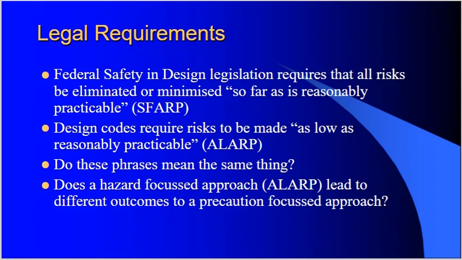In the design codes, they typically require risks to be made as low as reasonably practicable. So they focus on the risks. There's a question about whether these phrases mean the same thing. Does a hazard-focused approach lead to different outcomes to a precaution-focused approach?